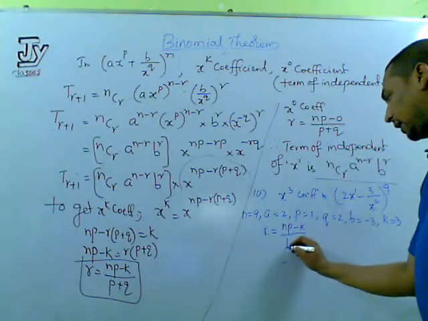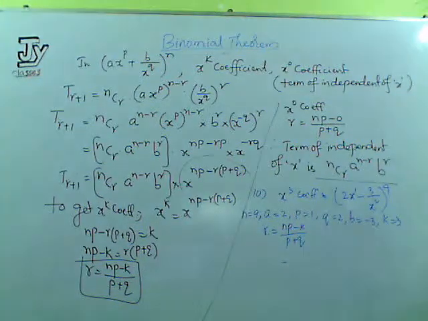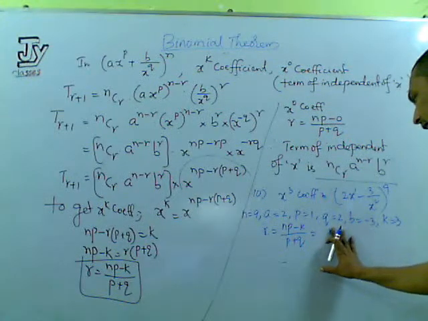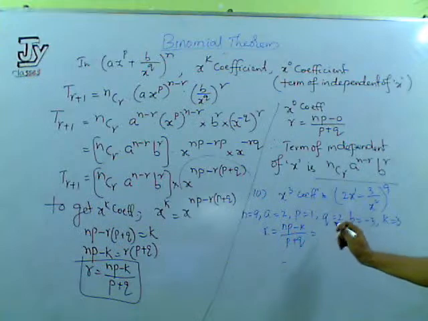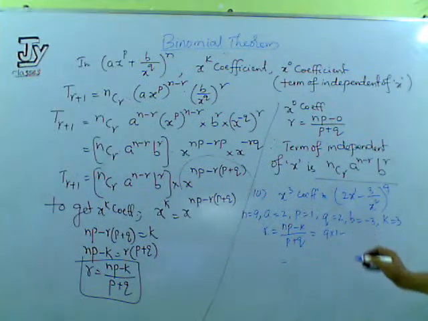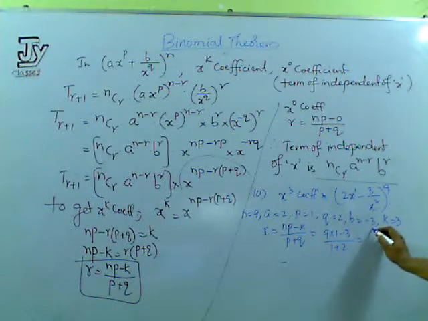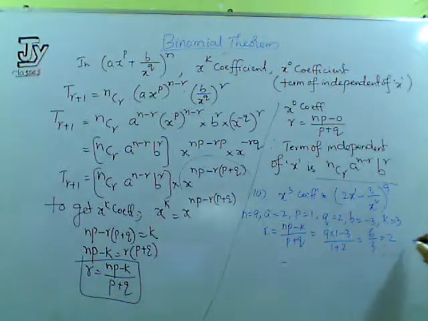r equals (np minus k) by (p plus q). n means 9. p means 1. Minus k means 3. By p plus q means 1 plus 2. 6 by 3, 2. What is our r value? 2.